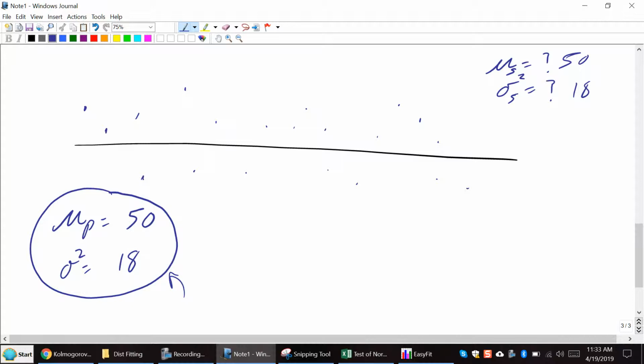So, if I have a population of, let's suppose, I go in and I randomly pick 50 jockeys that ride horses. Their mean and their variance is going to be representative of all the jockeys in the world, or say in the United States.